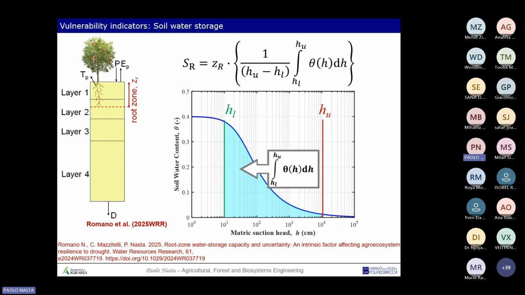If you work at plot scale, this can be quite simple to assess, because at plot scale you can go directly to your site, collect the soil samples, go to the lab, measure the hydraulic properties and all the things that you have to measure. But if you want to assess this kind of indicator at a regional scale, well, it becomes more challenging.